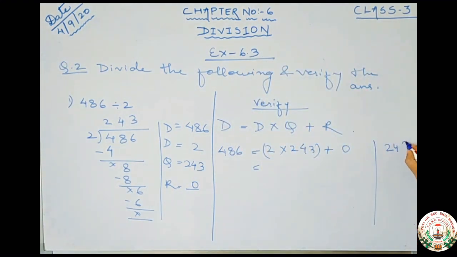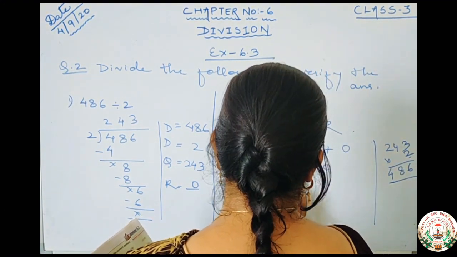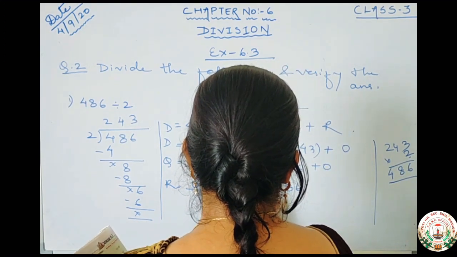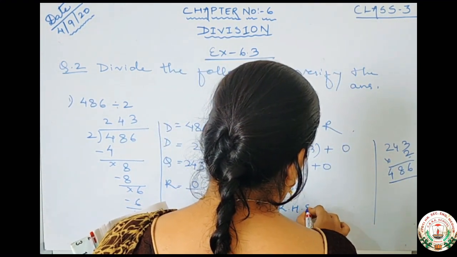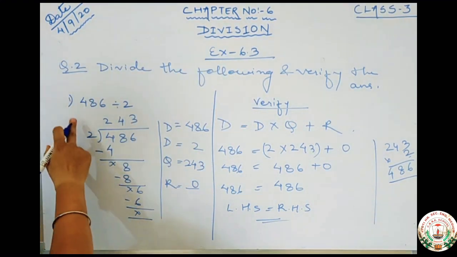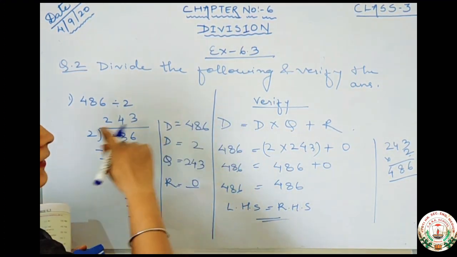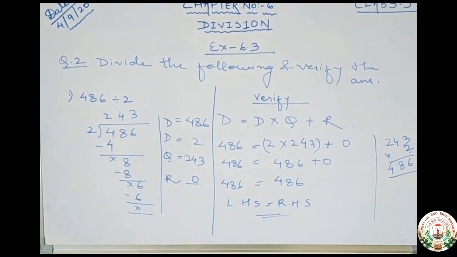Okay. 243 into 2. 2 3s are 6. 2 4s are 8. 2 2s are 4. 486. 486 plus 0 is equals to 486. Here also 486. So LHS is equals to RHS. Okay, means our division is completed. First we will divide like this, then we will write the terms, and then we will verify by writing the formulas.